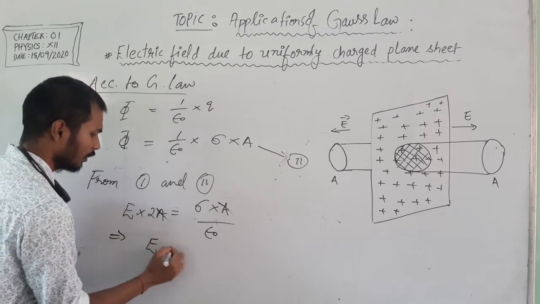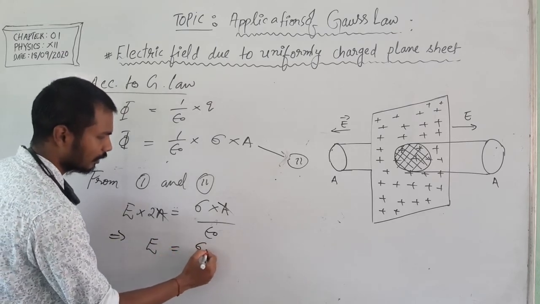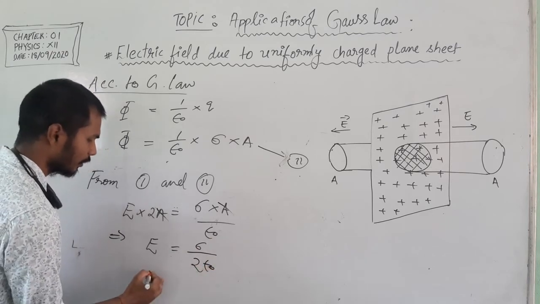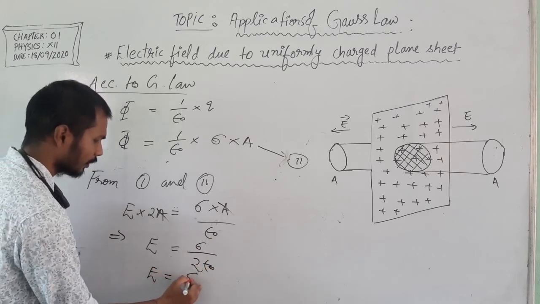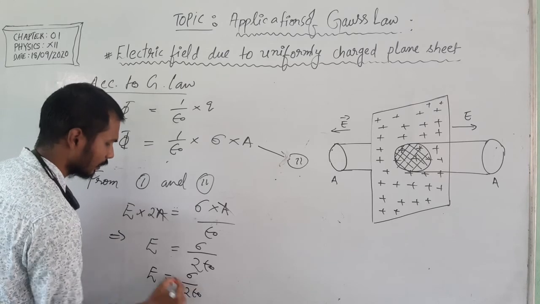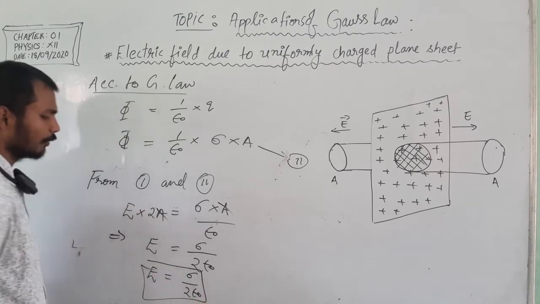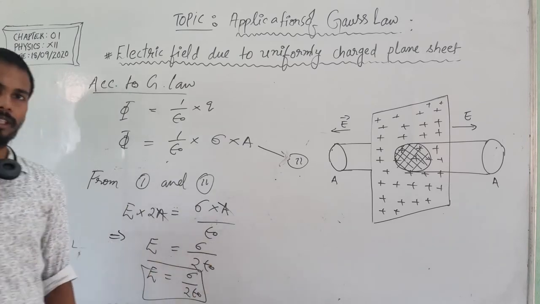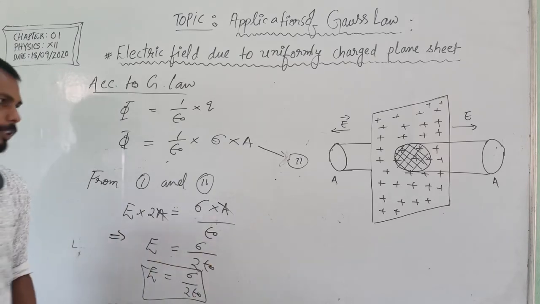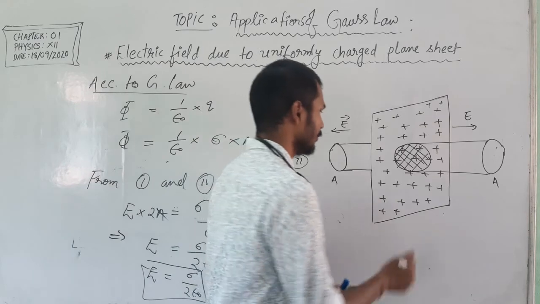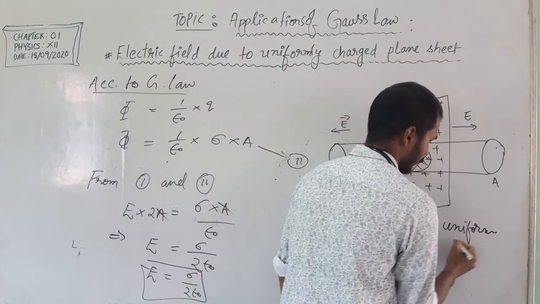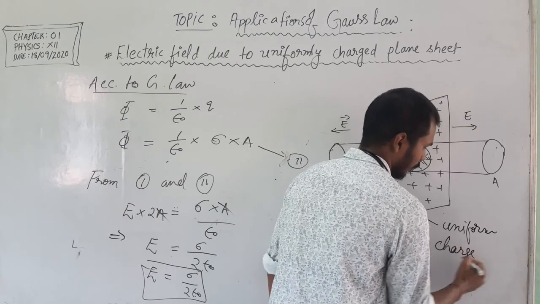E is equal to sigma by 2 epsilon naught. This is the formula of the electric field due to a plane charge sheet, that is, a uniformly charged plane sheet. It should be a uniform charge distribution.